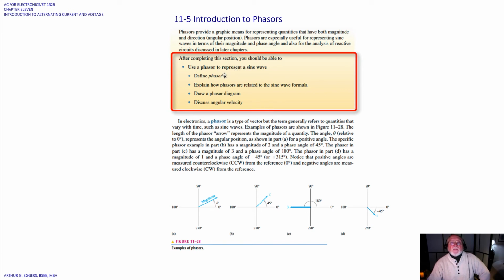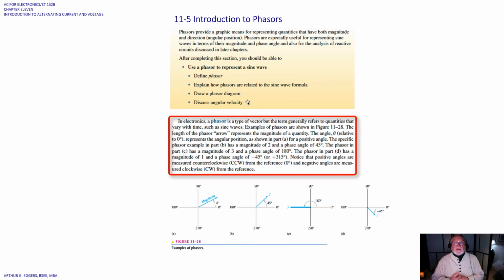We'll define the phasor, explain how phasors are related to the sine wave formula, draw a phasor diagram, and discuss angular velocity. This is going to prepare us for our studies as our circuits become more complex by using resistors, capacitors, and inductors. So get a firm grasp on this, because you're going to need it for the rest of the course.